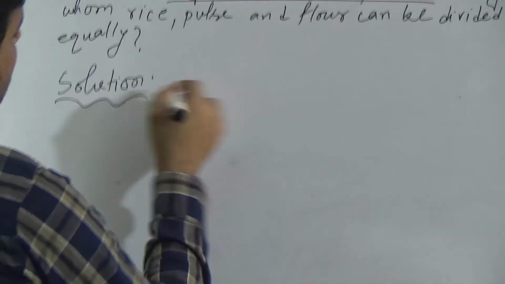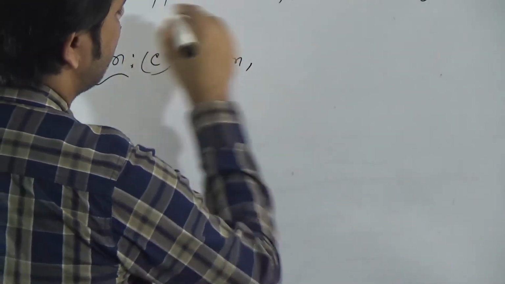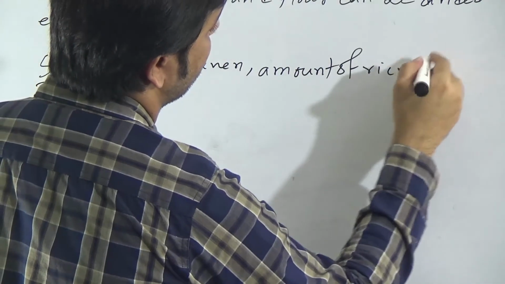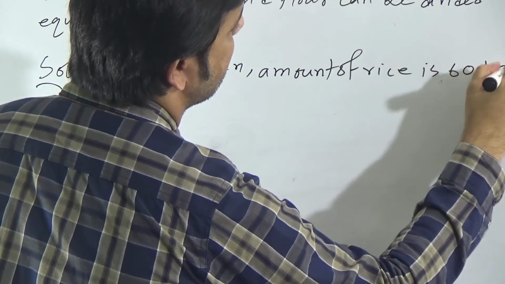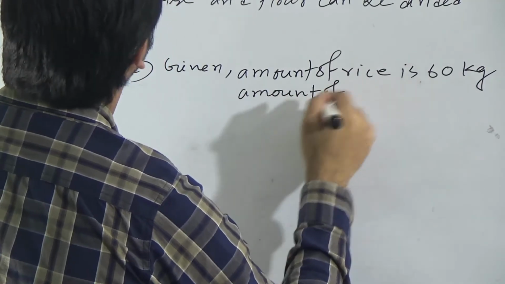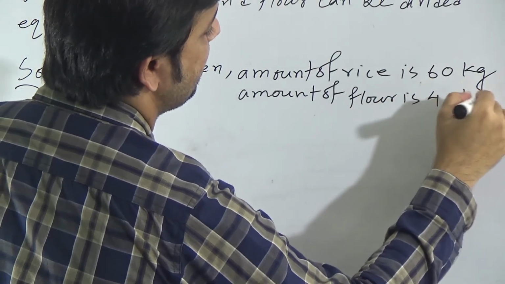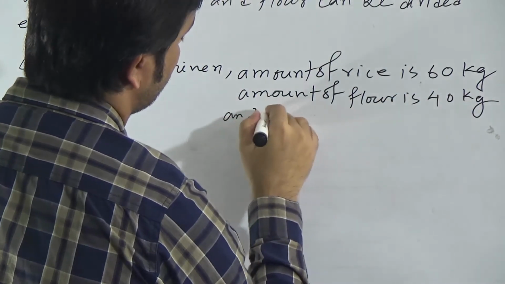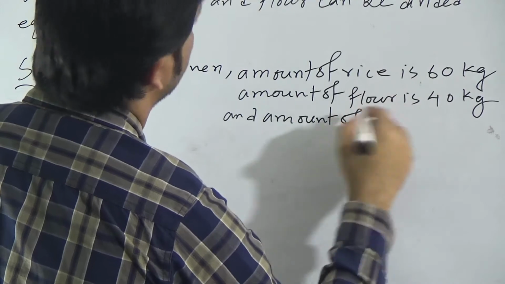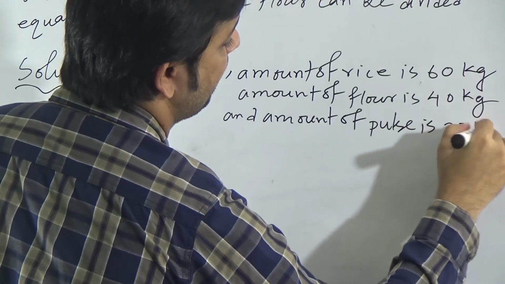Okay, dear students, now see question C. Write the given information. Amount of rice is 60 kg. Amount of flour is 40 kg and amount of pulse is 32 kg.